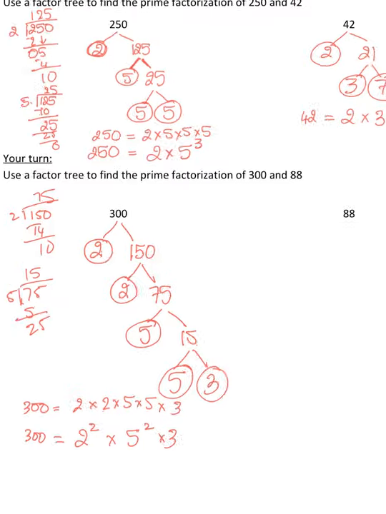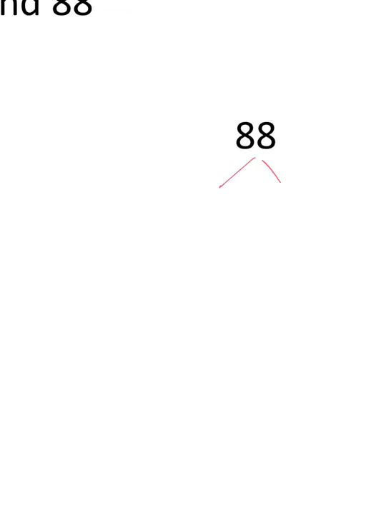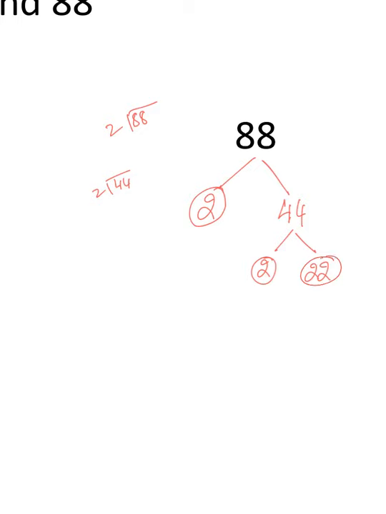Alright, number 3 is 88. 88 is divisible by 2. And 2 is a prime. 2 times 44 is 88. So after you take 88 and divide by 2, you get 44. And 44, 4 is an even number, still can be divisible by 2. If you take 44 divided by 2, you should get 22. 22 is not a prime number, it's still composite. Whoops, what did I do?